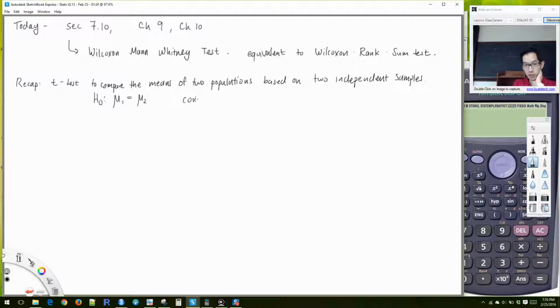So our p-value is based on the t-distribution, which is kind of like a cousin of the normal distribution. And this is based on the central limit theorem, okay? Based on the t-distribution, which ultimately depends on the central limit theorem.